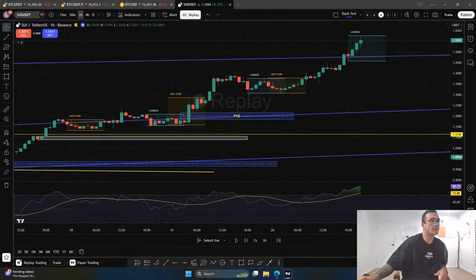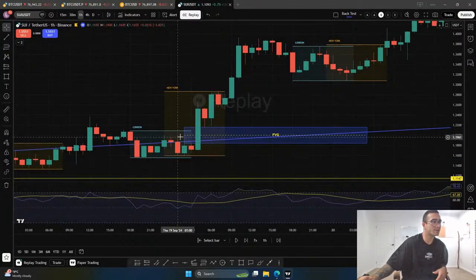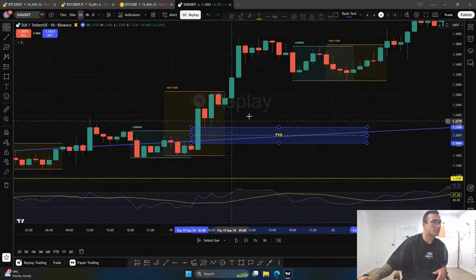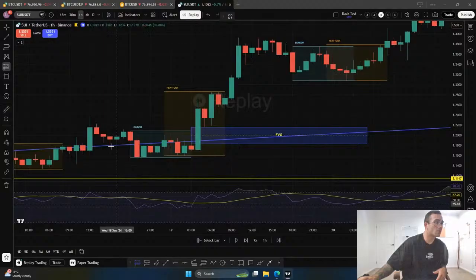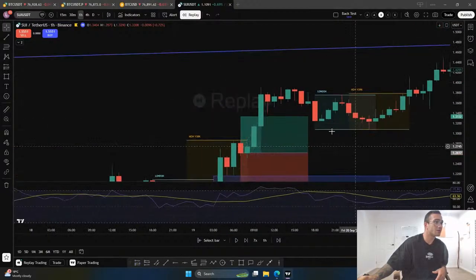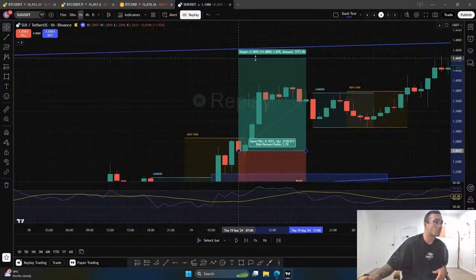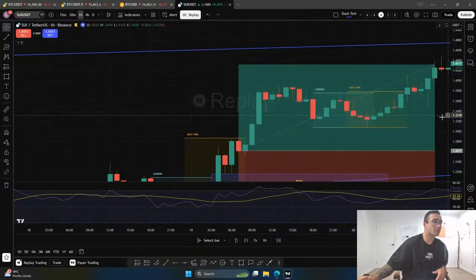I could have got in here, but I didn't. To me, it didn't really hit. That would have been it, and then I would have gone on the next bar. It would have been a 2-to-1, which is there, and it hit.